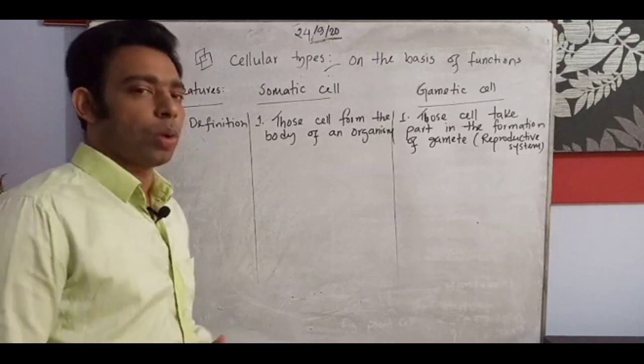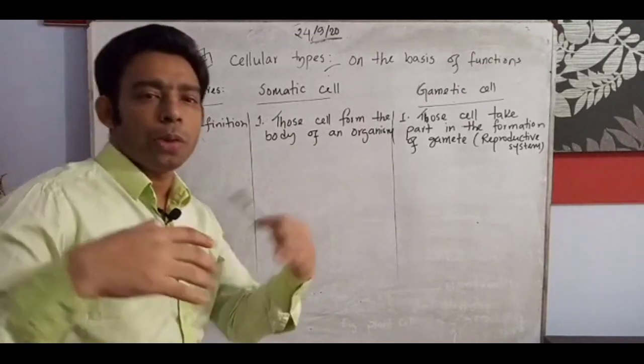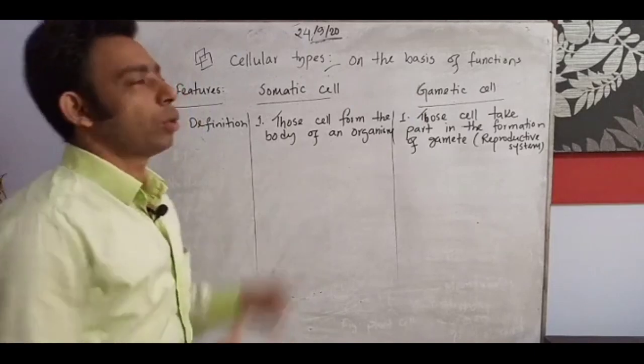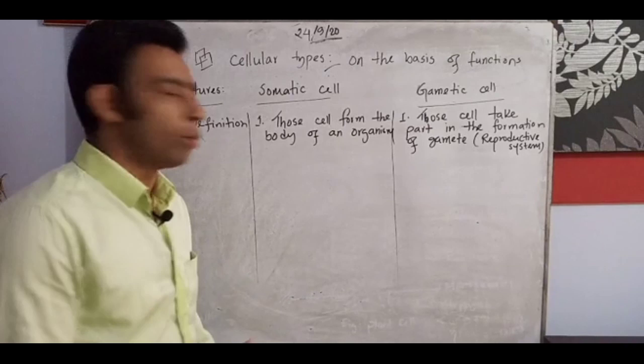Those cells take part in the formation of gametes. That means, in brackets you can write the reproductive system. Normally you know this, but when we make sure of the separation between them, when we try to understand the difference, distinction and comparison, it will be very easy to know.